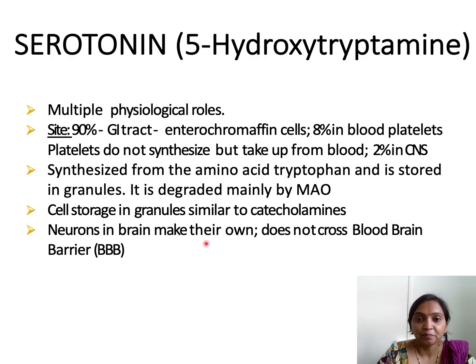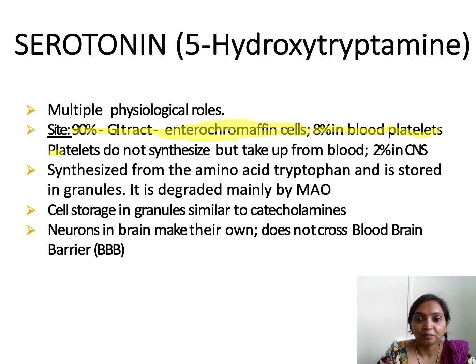So to begin with the first autocoid, that is serotonin. Serotonin is nothing but 5-hydroxytryptamine, and it has various physiological activities. As for its site, 90% of the serotonin is present in the GIT, in the enterochromaffin cells. And 8% is present in the blood, in the platelets.